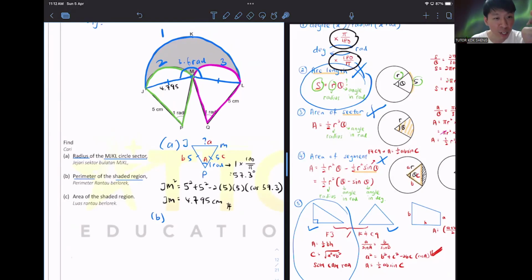You can see 1, 2, 3. They're all using the same formula. The one here, following the blue color, is the arc length of the blue color. Number two is also an arc length for the green color. Number three is also the arc length for the purple color.